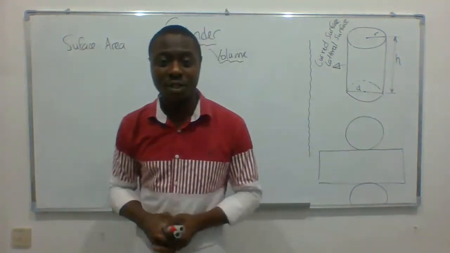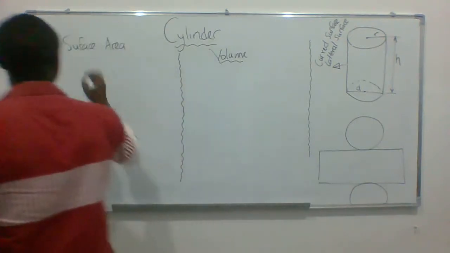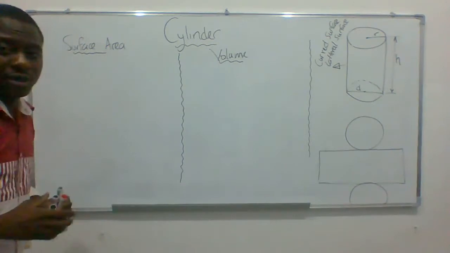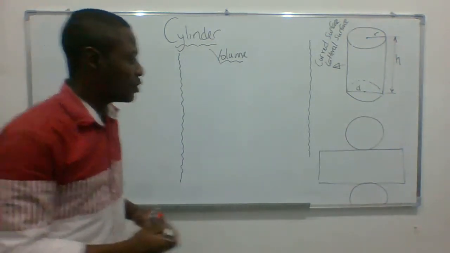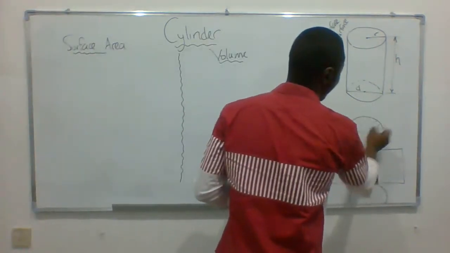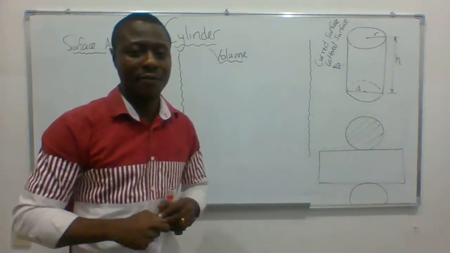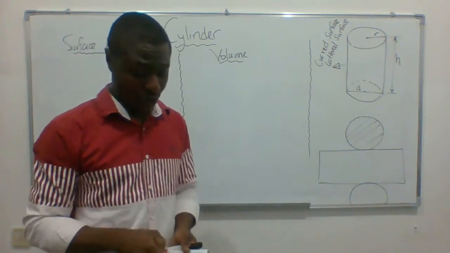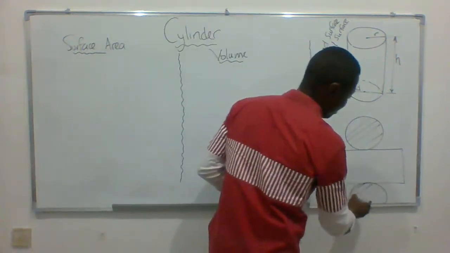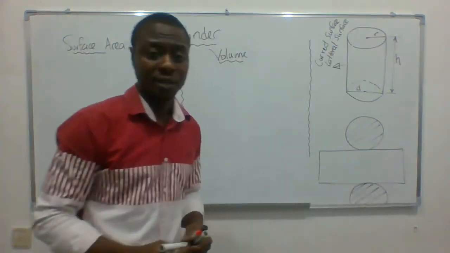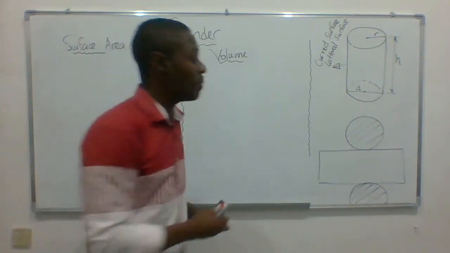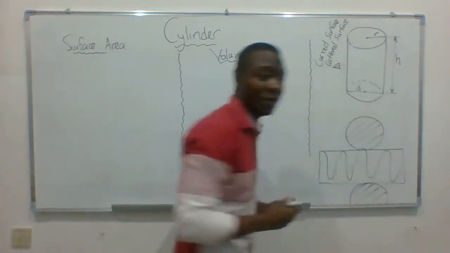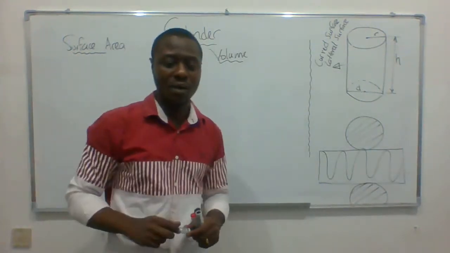Good. Let's continue with these two concepts: surface area and the volume. The surface area is the total area. You need to find the total of the top surface, or the top face, which is a circle, plus the area of the bottom face, which is a circle, plus the area of this shape in the middle, which is a rectangle.